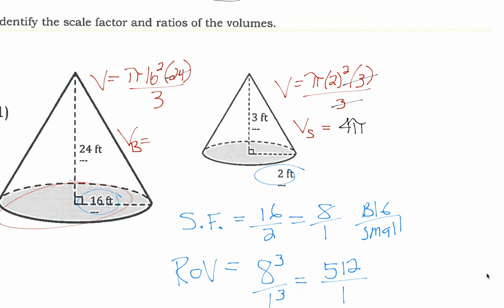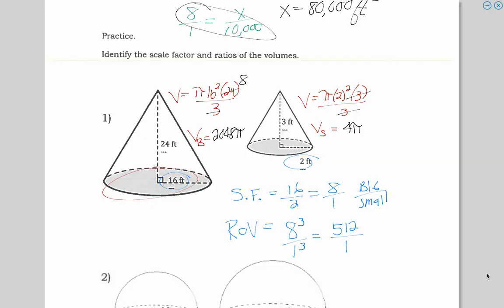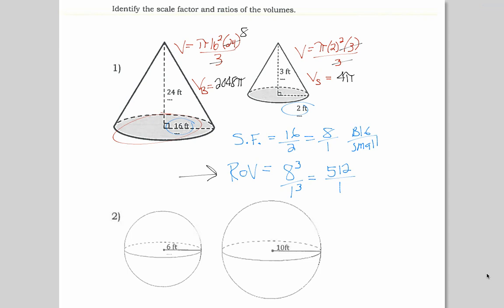And over here, this gives us 8 times 16 squared, which is 2,048 pi. So my ratio of the volumes, big over small, is going to be 2,048 pi over 4 pi.